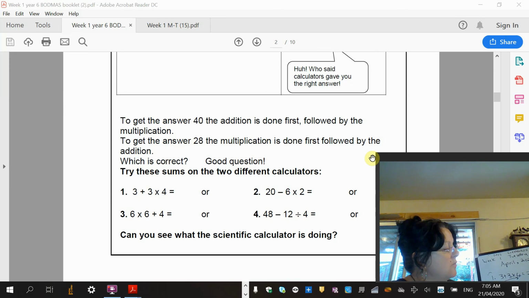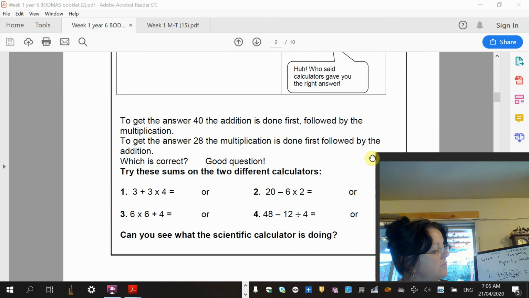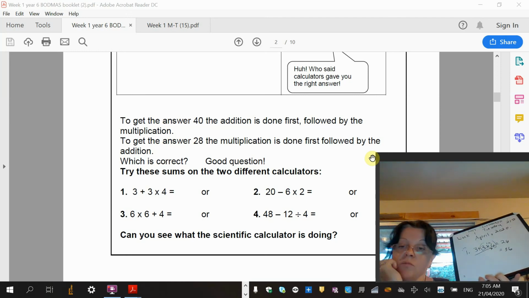But if we use BODMAS, we would say, okay, well, there's no brackets. The first order of the operation is multiplication, so I'm going to put brackets around that. So 3 times 4 is 12. Then 3 times 12 is 3 ones are 3, 3 twos are 6, 36. So by using the BODMAS principle, 36 is our correct answer.